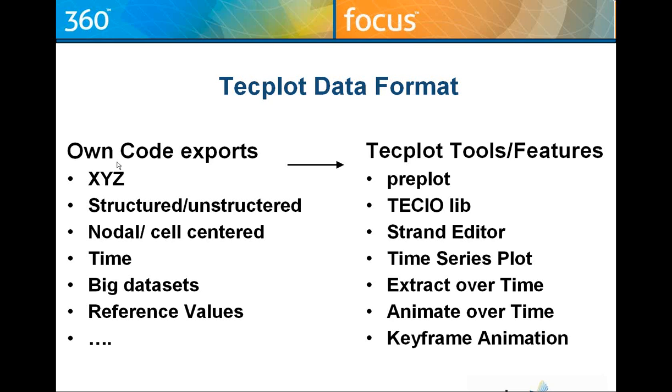For example, if you have transient data, you don't have to use the strand editor to make a transient data set of your zones within Tecplot manually, but you can make provision in the output already for the transient nature of the data set. Then you can also use this for time series plots and animations, which take time changes into account. And you can also put some so-called auxiliary data or metadata into your data set.